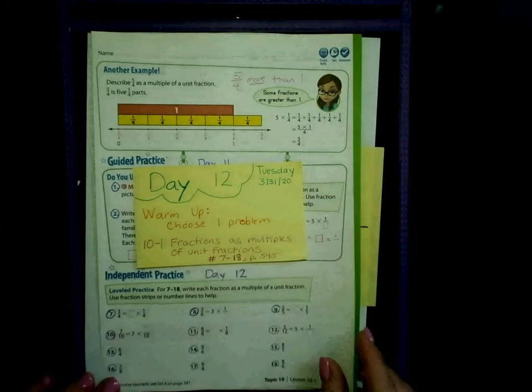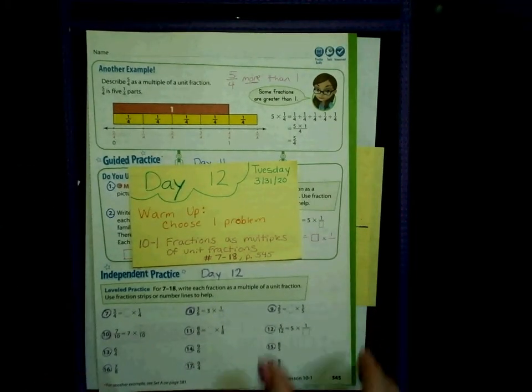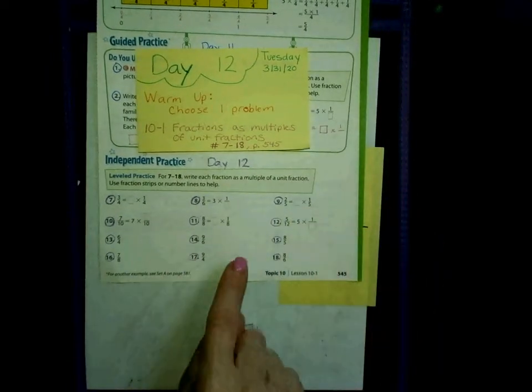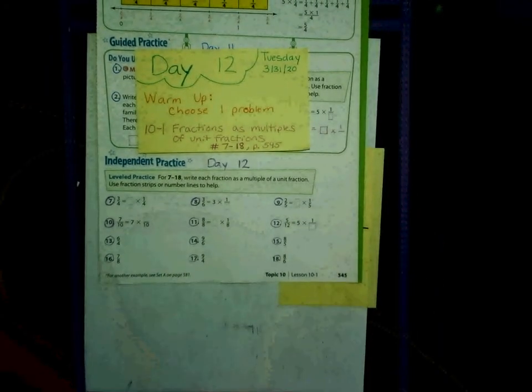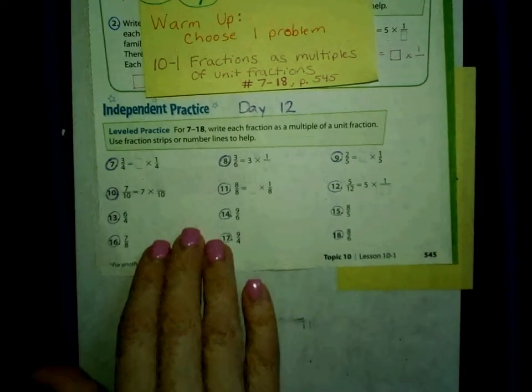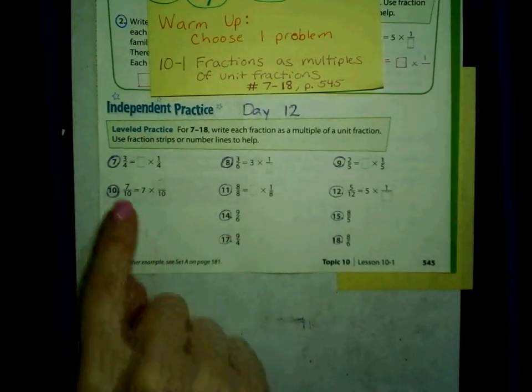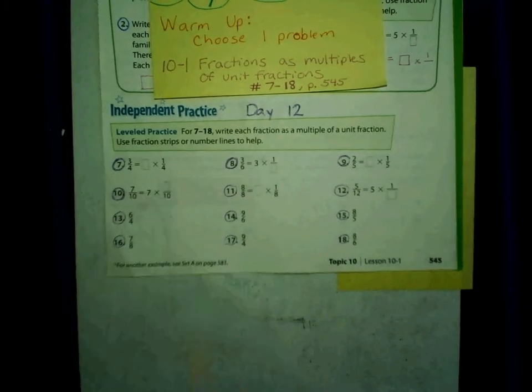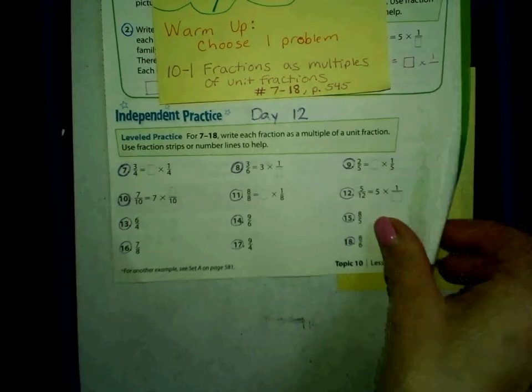So like I said, today should be really quick. We're just focusing on number 7 through 18. So actually let me go ahead and zoom in a little bit. So you'll see here that for each one there's a box times a unit number. So what I did on, let me turn this light off, see if that gets rid of the glare. There we go.